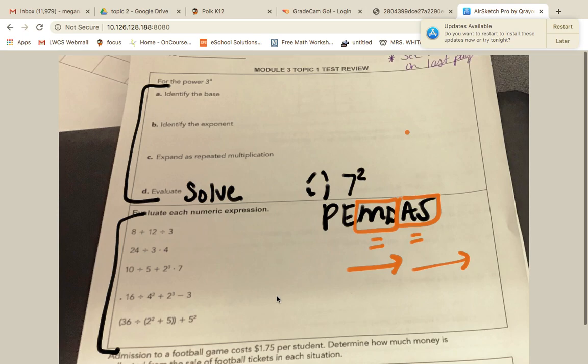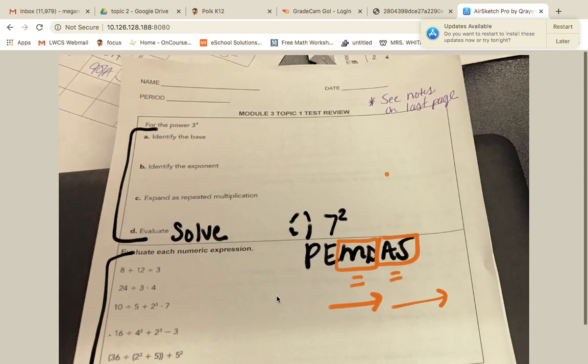So an example would be if I had this problem, I might do something like 7 plus 3 divided by 1 times 8. Okay, so I look at my problem and I say, do I have any parentheses?